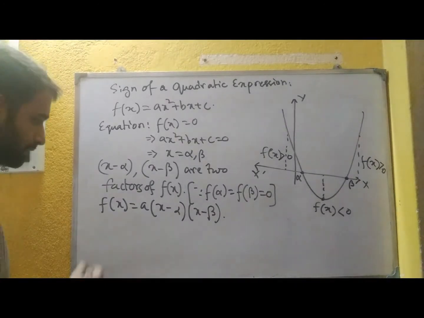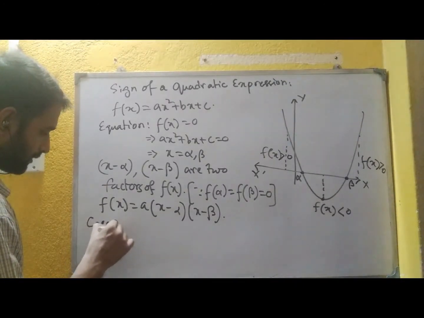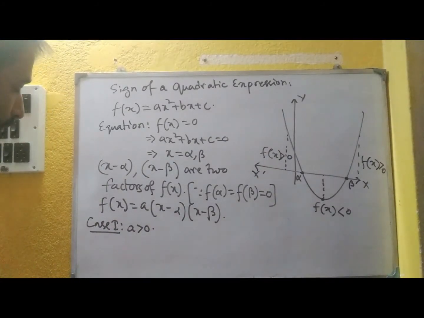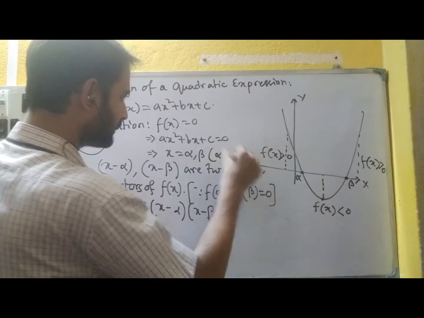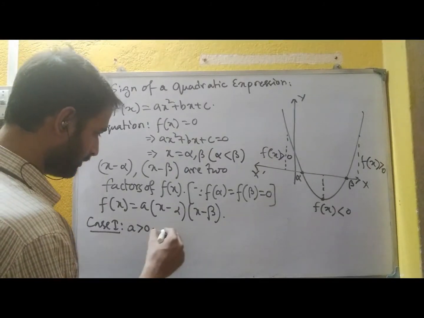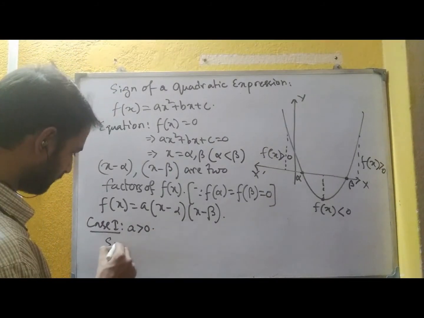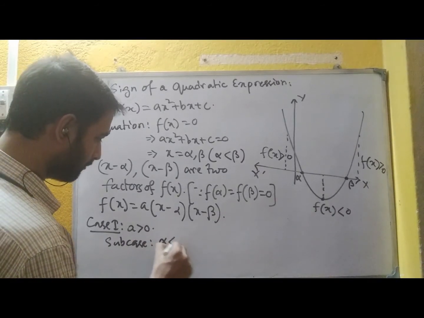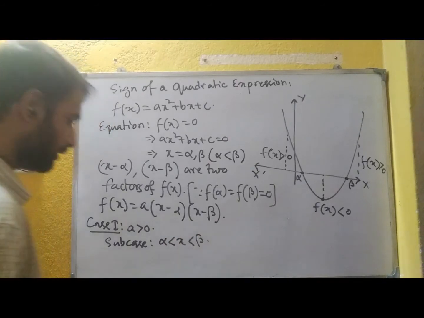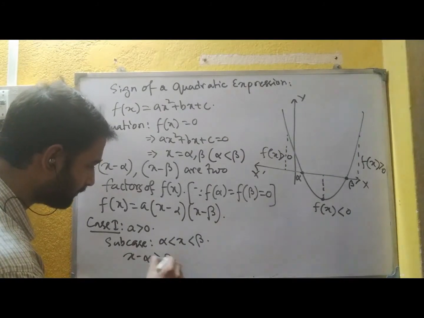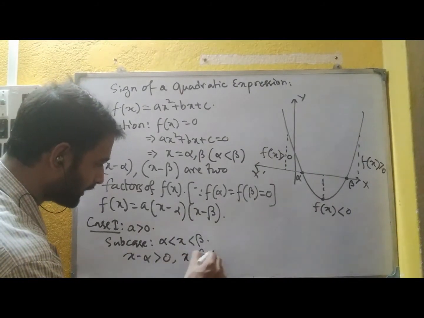So now again we have 2 cases because of a. If a is greater than 0, then we are taking alpha always less than beta. You can see it in the graph also. So if you take the values of x, it will be a subcase that the values of x are lying between the roots alpha and beta. Then you can see x minus alpha is positive and x minus beta is negative.